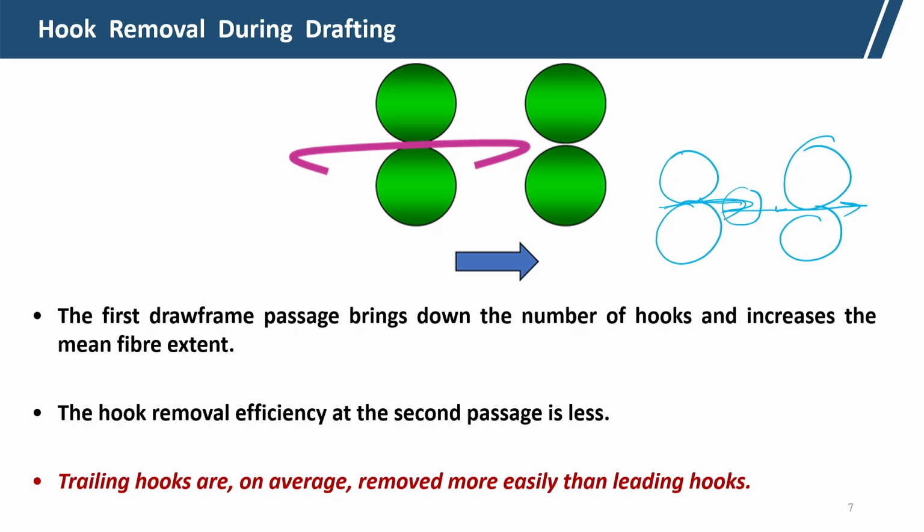So, here the force generated by the fibers which are lower in number will be relatively less. So, the chances of removal will be a little bit low, and that is why it cannot be easily removed. Leading hook is difficult to remove, but it is removed because of the fiber contact. So, trailing hook is easily removed.